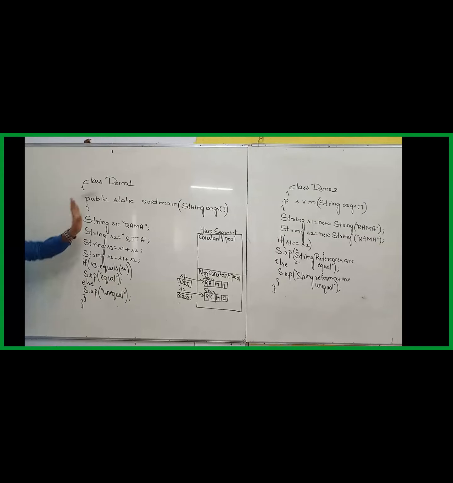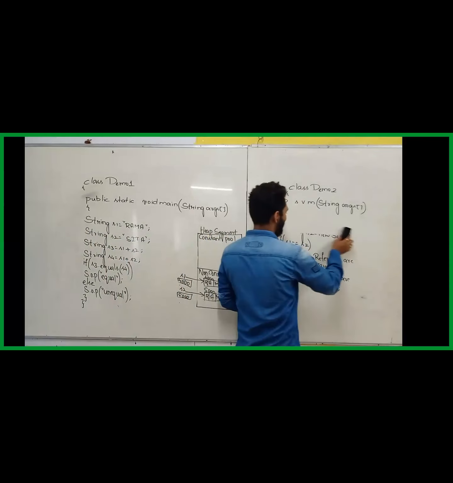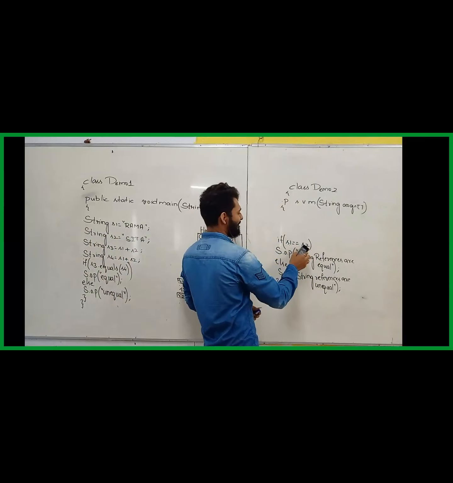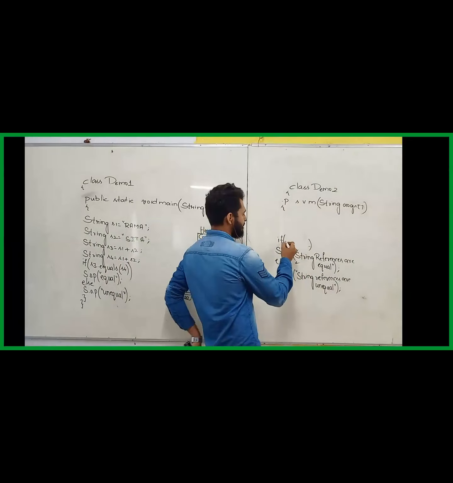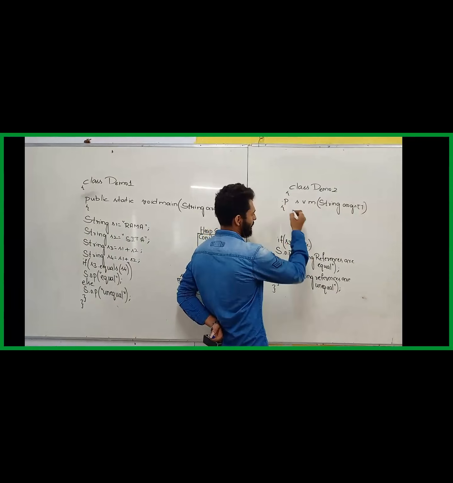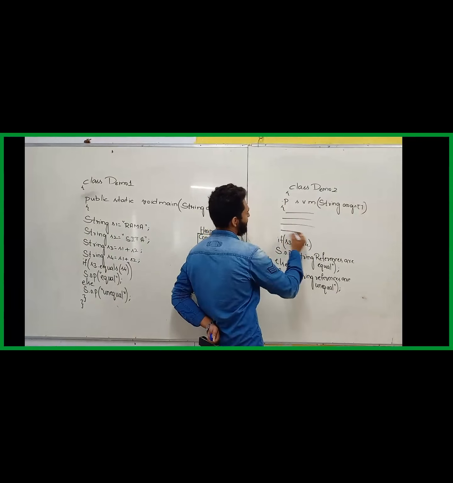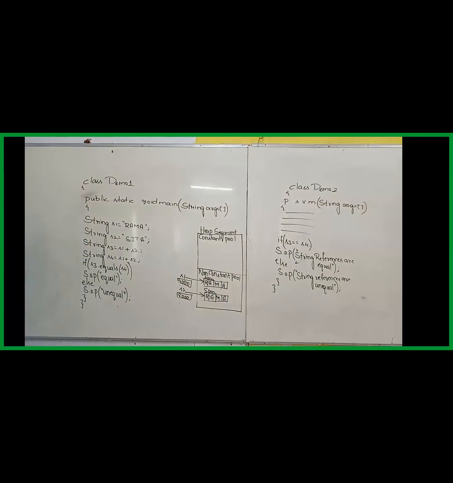Same thing that side, only the changes will be there. Don't expect me to write it completely. But at least here I will write S3 equals to S4. First line, second line, third line, fourth. I have written. So now, what will be the output for this one?